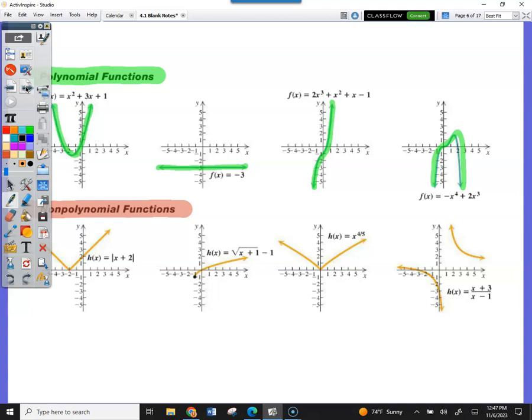Starts with a C. I'm looking for a word that starts with a C that describes what? Thank you. Polynomials are curves, with the exception of the constant function where it's a horizontal line. But polynomial functions are curves.